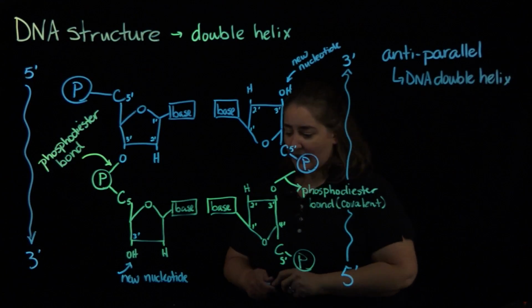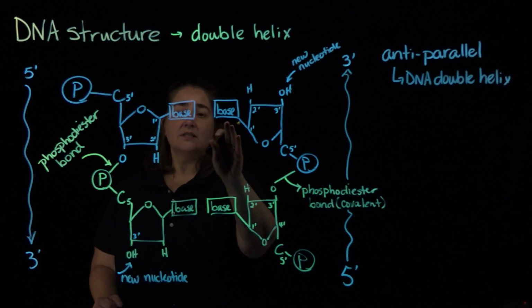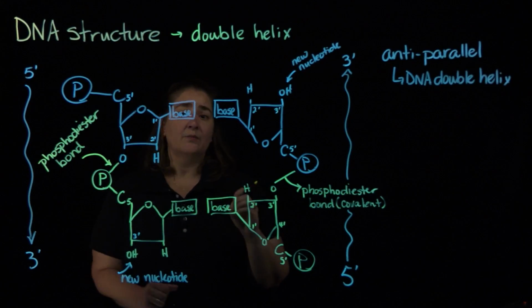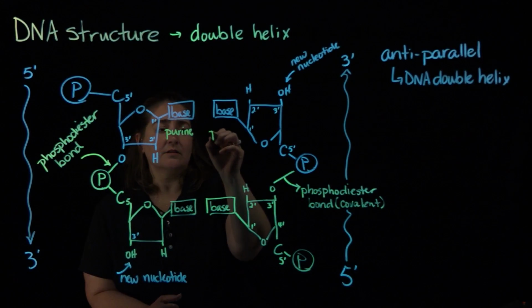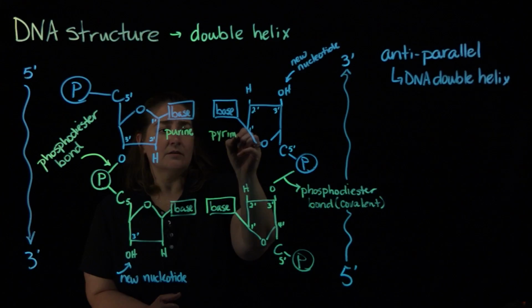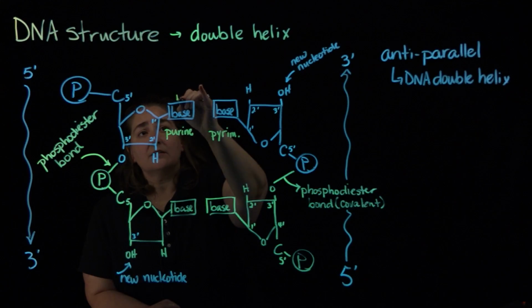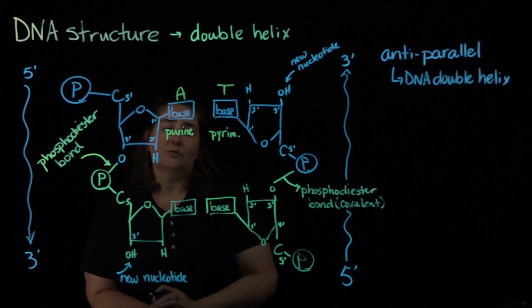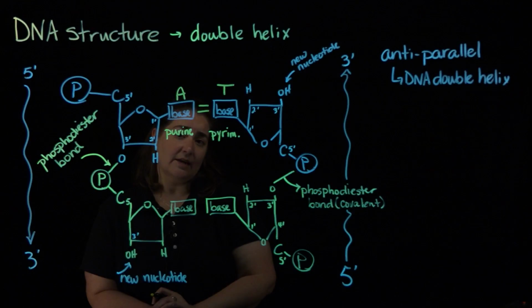And in the center of our DNA molecule, this is where we're going to get our base pairing to happen. Those bases, remember, we have to have one purine, one pyrimidine. So our purine might be our adenine, our pyrimidine would be our thymine, in which case we'd have 2 hydrogen bonds holding that particular base pair together.